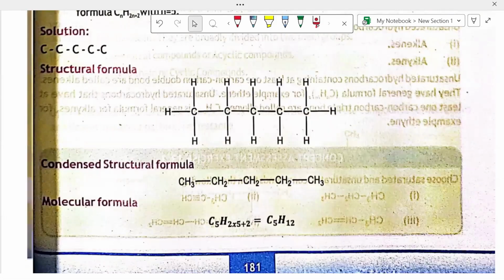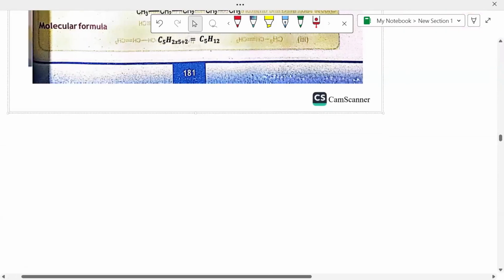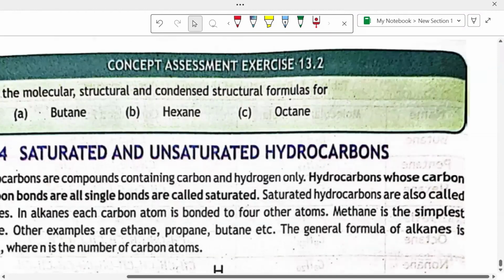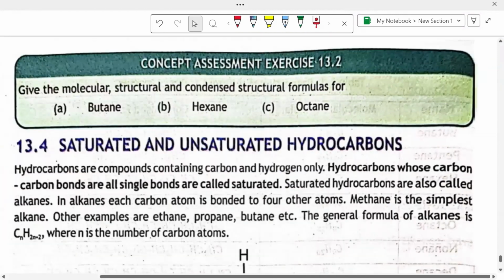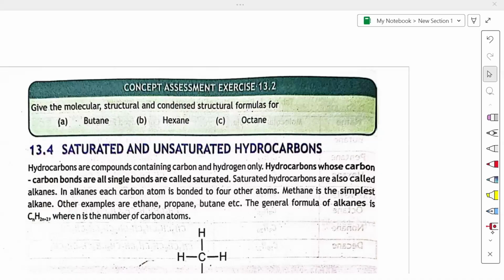Let's see if we have any assignment attached to it. Okay. You have like 1 minute to complete this. So butane, you told, what will be its molecular formula?